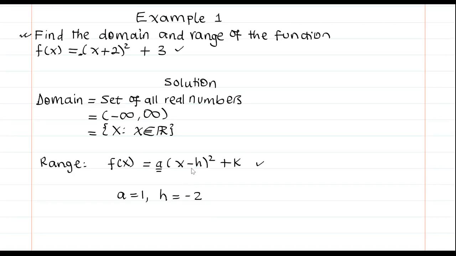So if the vertex form has a negative but the sign here has changed to a positive, it implies that the value of h was a negative number. So h is negative 2. Our k is positive 3. That is simply 3.